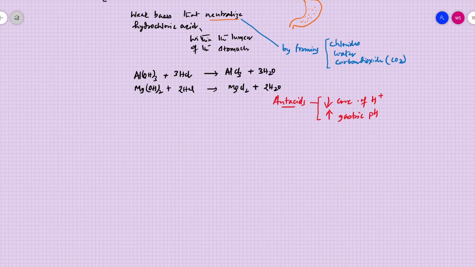Antacids essentially do this. Here we see that they act chemically. The hydrochloric acid within the lumen of the stomach chemically interacts with the antacid aluminum hydroxide.